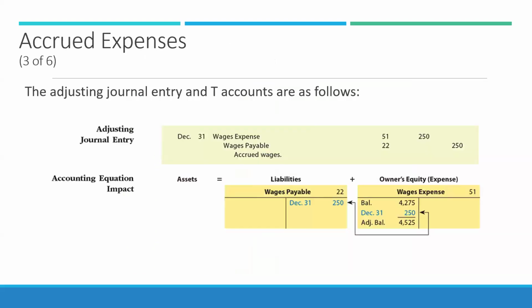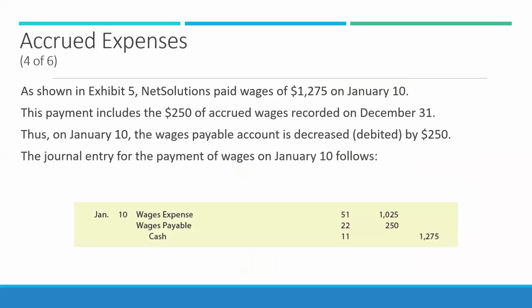The journal entry to show that is a debit to wages expense for $250 and a credit to wages payable for $250. Okay? As shown in Exhibit 5, Net Solutions paid wages of $1,275 on January 10th. The payment includes the $250 of accrued wages that we recorded on December 31st.